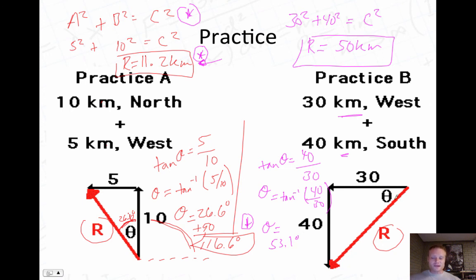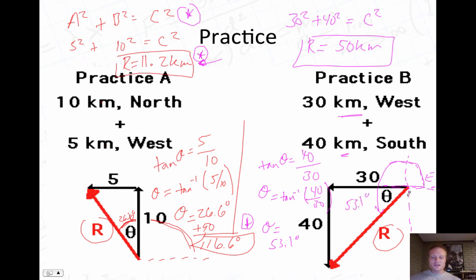Now you have to remember, again, this is where it gets a little tricky. We are measuring this from due east, and sorry, that line kind of went crazy on me. We want to know how many degrees this whole piece here is. We know theta is 53.1 degrees.